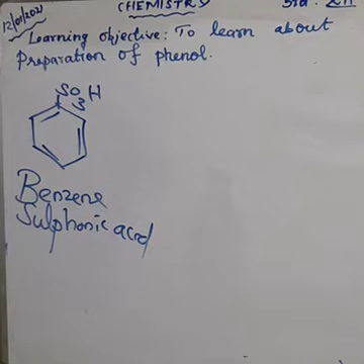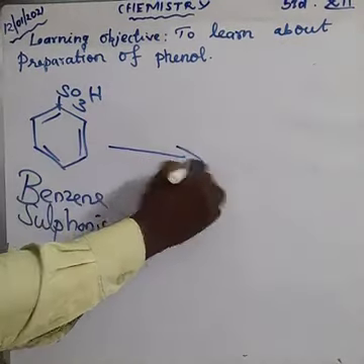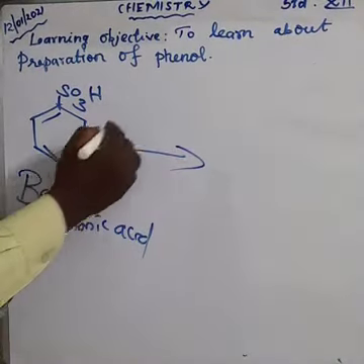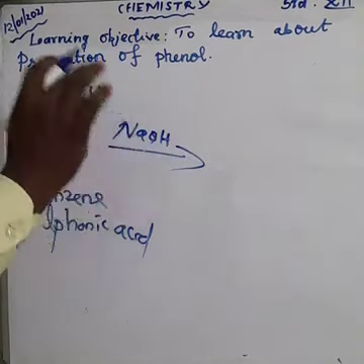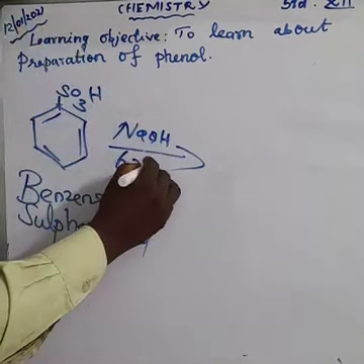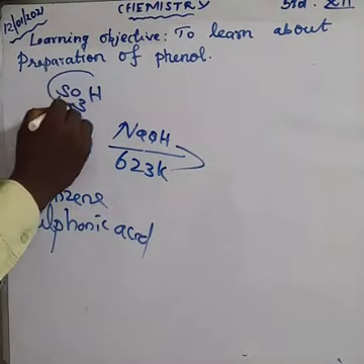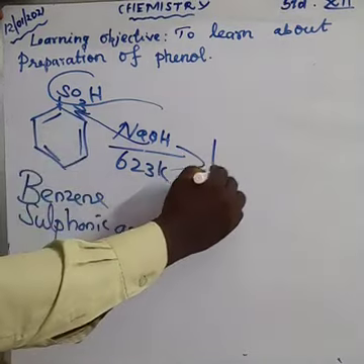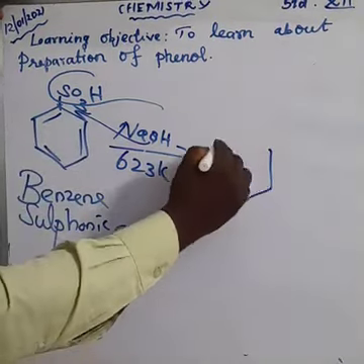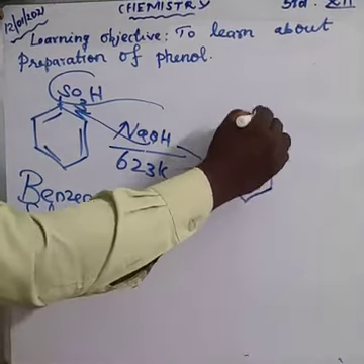Benzene sulfonic acid reacts with sodium hydroxide, NaOH, at a temperature of 623 Kelvin. The SO3H group is replaced by ONa, so the benzene ring is attached to ONa.